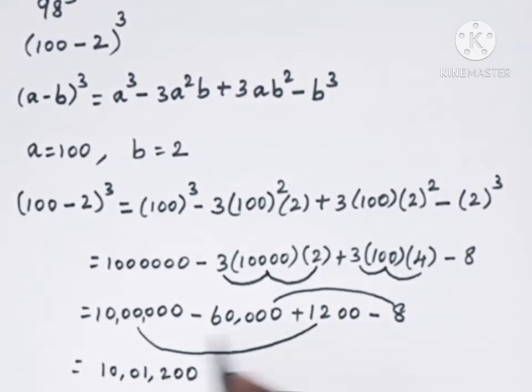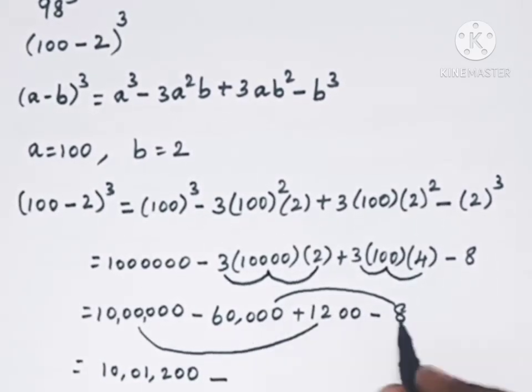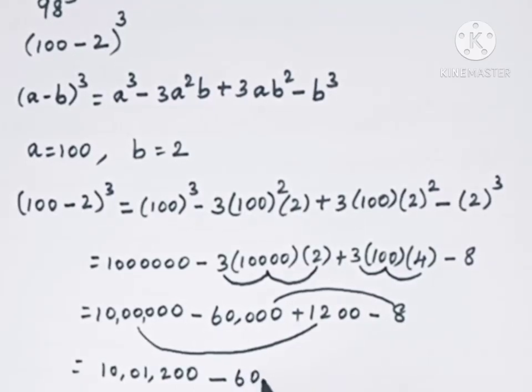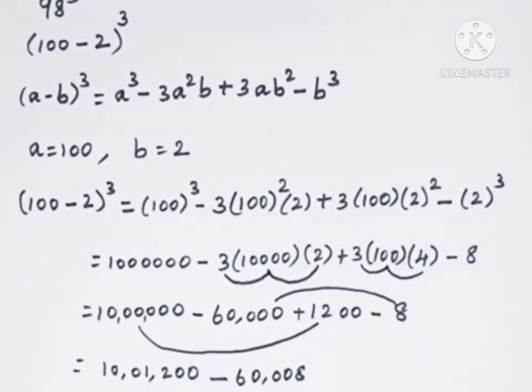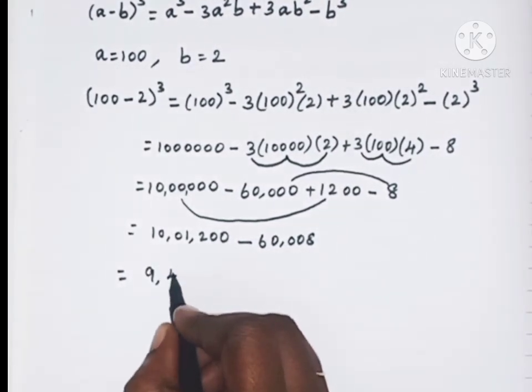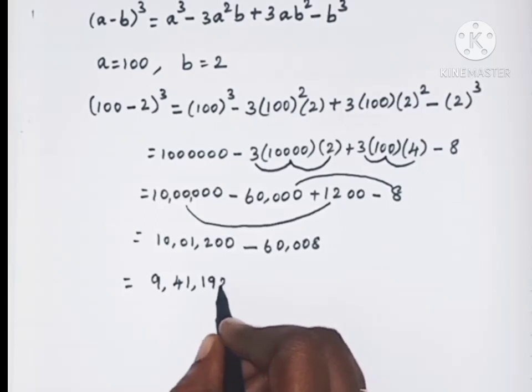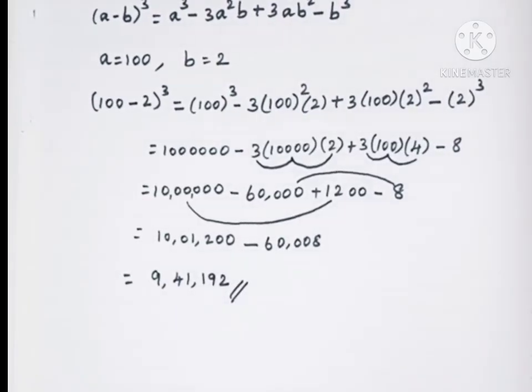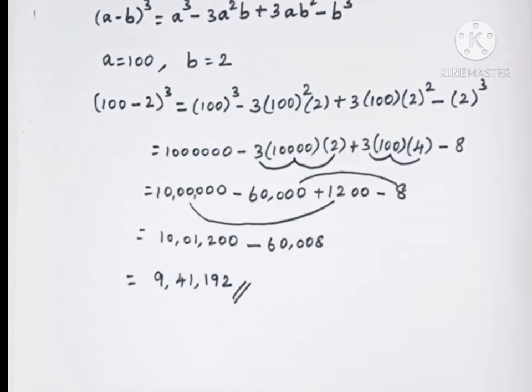Adding 10 lakhs and 1,200, we get 10 lakhs 1,200. Adding 60,000 and 8, we get 60,008. Now we have to subtract 60,008 from 10 lakhs 1,200. So the answer is 9 lakhs 41,192. This is the answer for the fifth sum, first subdivision.